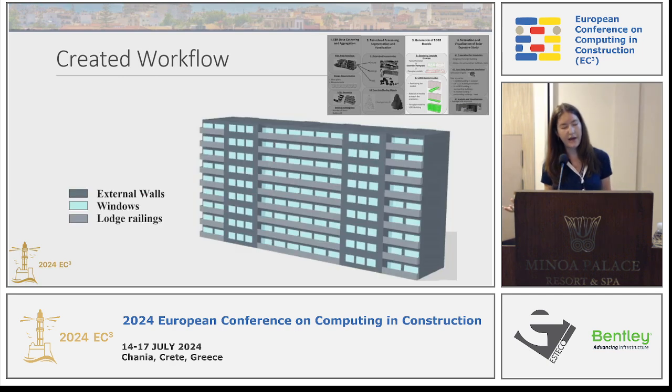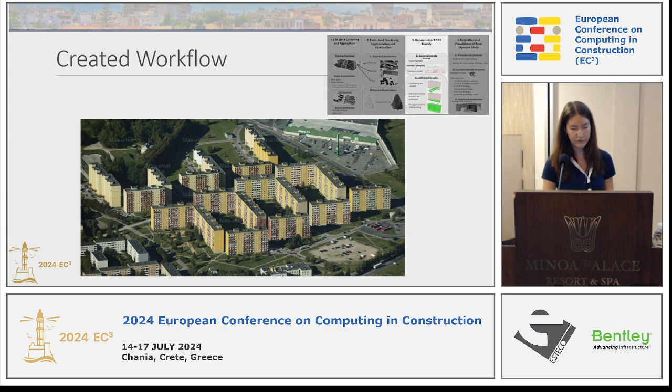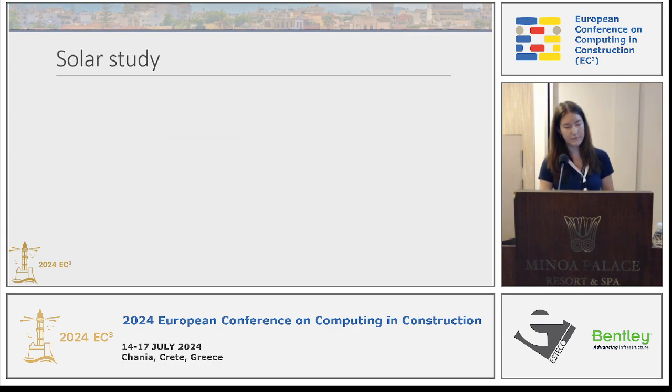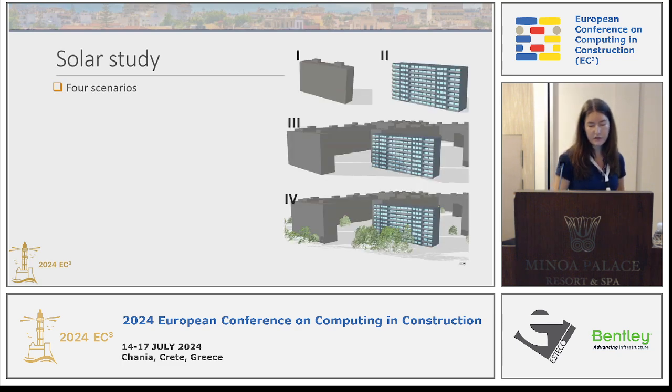So what we basically have is an analytical model, and we created this so that this analytical model can be inserted into, let's say, Ladybug tools or other tools for simulation. So from this, we get this. So for our solar study, we created 4 scenarios, building on a field in level of detail 2, same thing but in a level of detail 3, then with other buildings, and then with trees also.